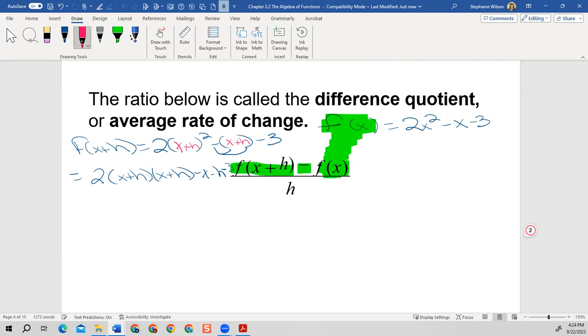Now, I want to FOIL this out. I got my firsts times my firsts. I got my outers. Plus, I got my inners. Plus, I got my lasts.